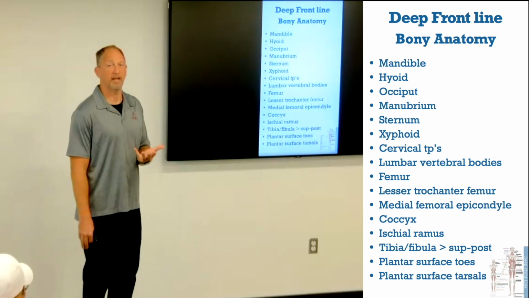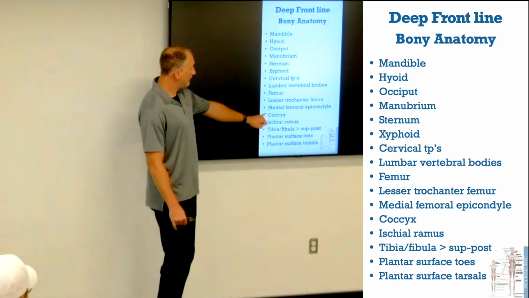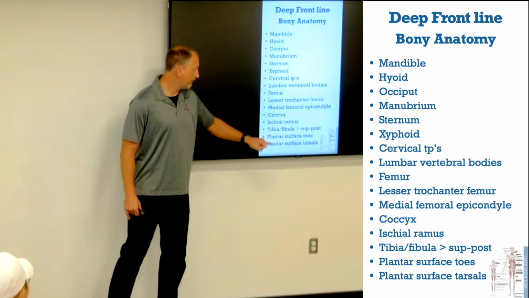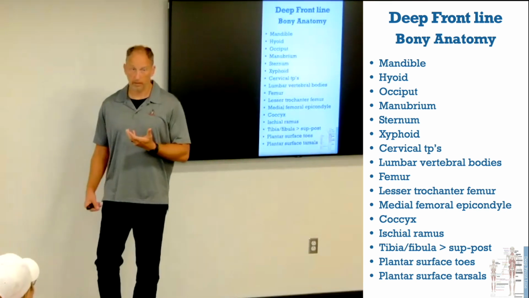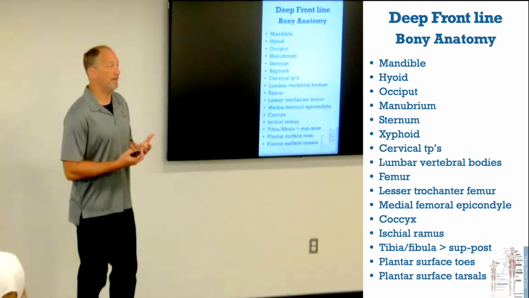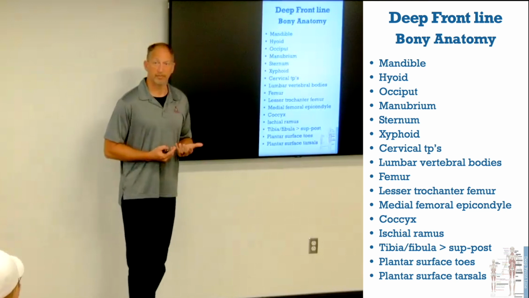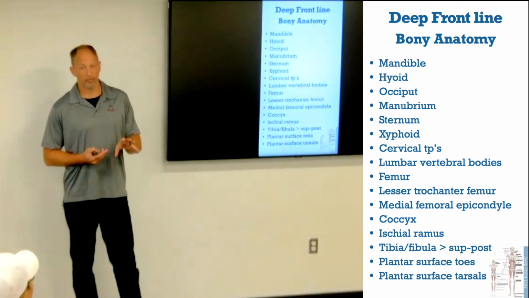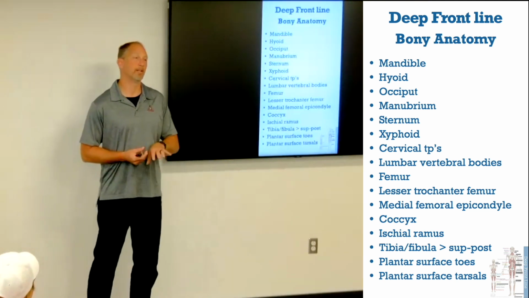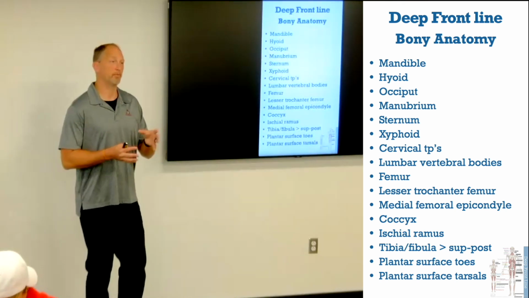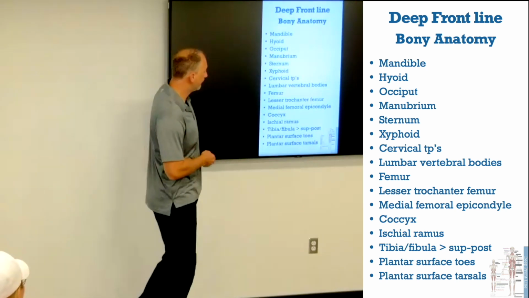We have 3 contact points there. Same thing at the pelvis. We have the coccyx, the ischial ramus. So again, we now have another connection into the pelvis that we haven't talked about yet. Sacrum's not included in here, though we can consider the sacrum, but it's not a formal part of the line. And when we talk about the hip rotators, we'll talk about that tie-in just a little bit.